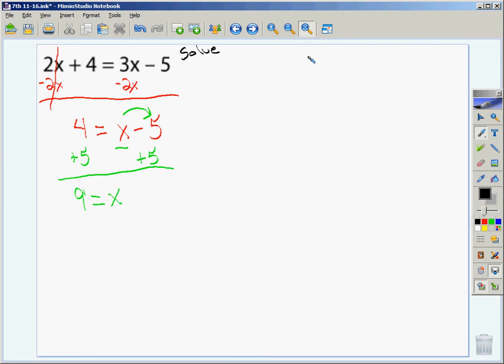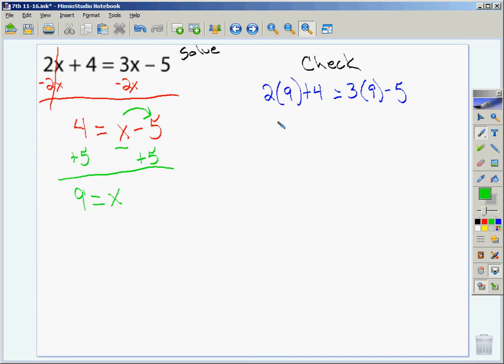Listen, does everybody remember that we have the ability to check our answer? If I substitute this 9 back into my original equation, 2 times 9 plus 4 equals 3 times 9 minus 5. They should come up the same.